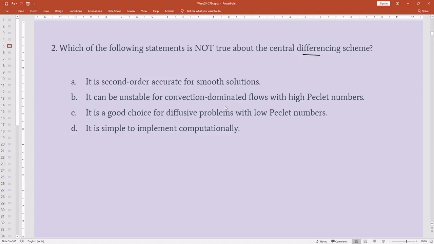Option B, it can be unstable for convection dominated flows with high Peclet numbers. Option C, it is a good choice for diffusive problems with low Peclet numbers. Option D, it is simple to implement computationally. You can inbox your answers.